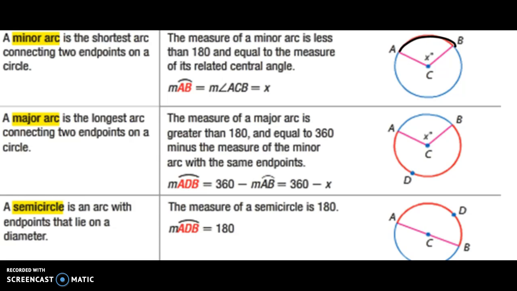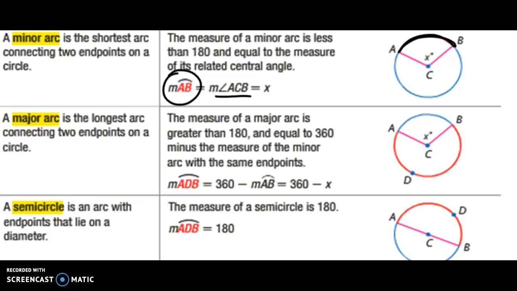So if you look right here, if this x degree is less than 180, this is a minor arc AB. And we denote it looking like this: the measure, and then a little squiggly line over AB. It's equal to the measure of the central angle ACB going through the center.